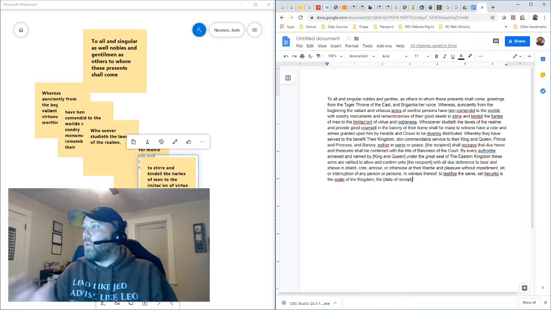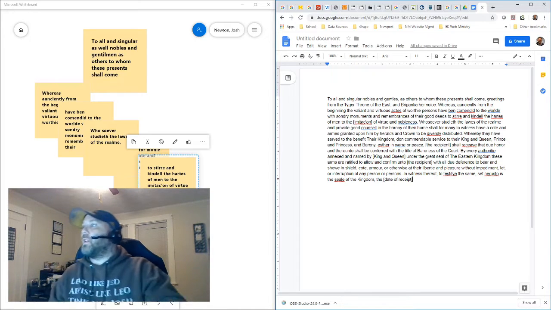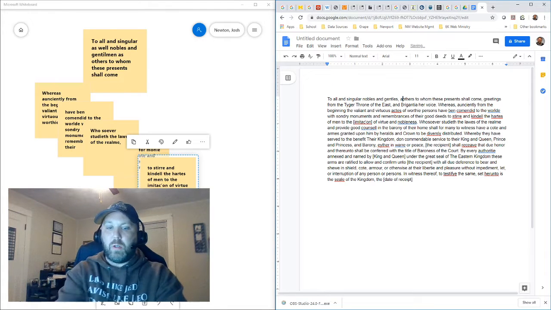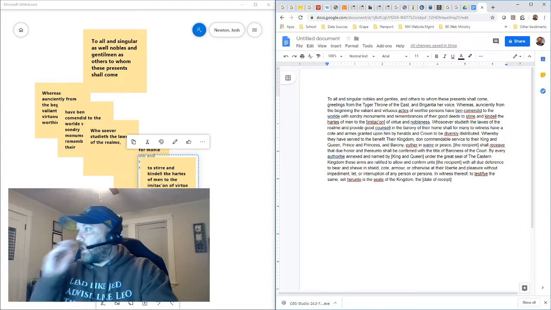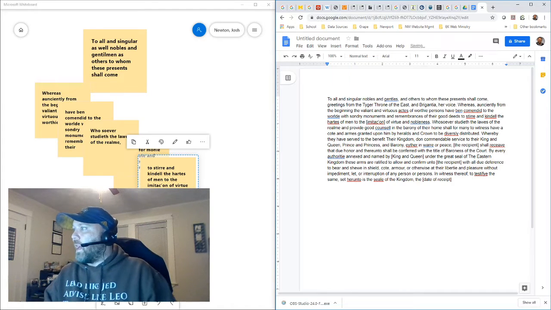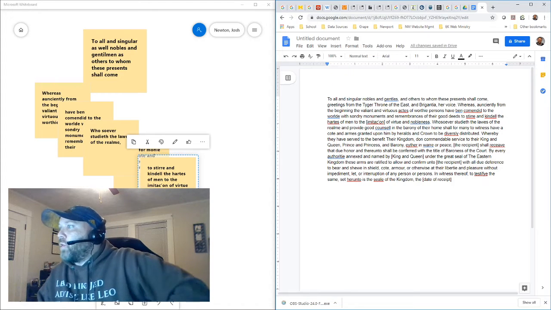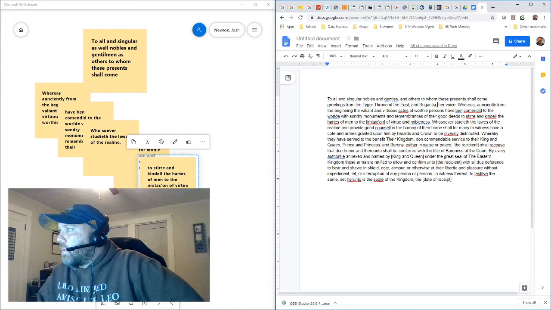Okay, so to all and singular nobles and gentles, and others to whom these presents shall come, greetings from the tiger throne of the east, and Brigantia her voice. Whereas anciently from the beginning the valiant and virtuous acts of worthy persons have been commended to the world with sundry monuments and remembrances of their good deeds, to stir and kindle the hearts of men to the imitation of virtue and nobleness.